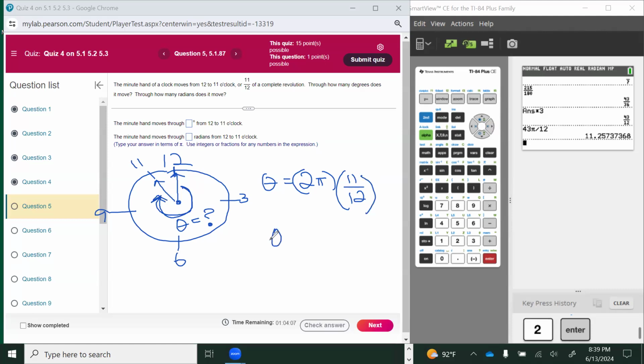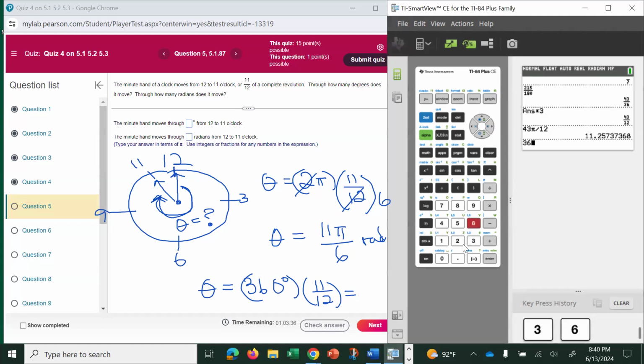So if we do that, this simplifies to 11 pi over 6. So that's the radians. For degrees, you could do the same thing. So this is radians. You could also say, okay, what is 360 degrees times 11/12ths? Right, so then I'll just simplify that on the calculator.